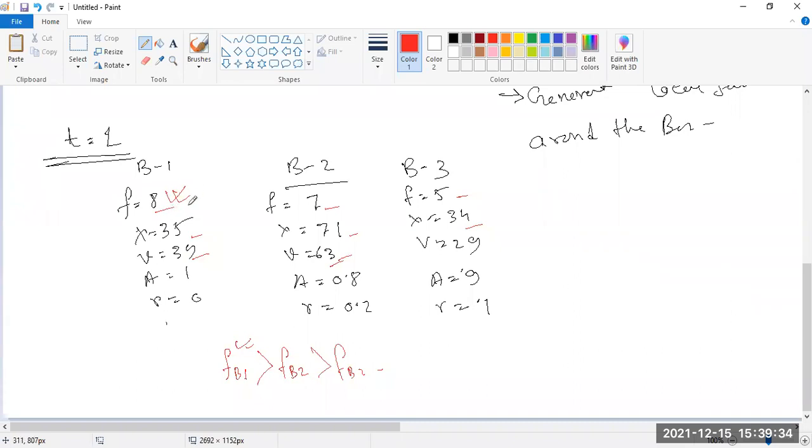If the prey is in scope, the frequency increases, and the frequency of the wave increases if the bat finds the prey. Means if it is in scope, then we have to change the frequency.